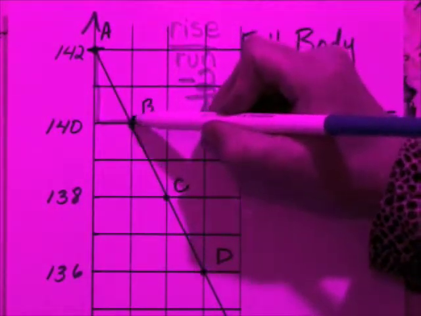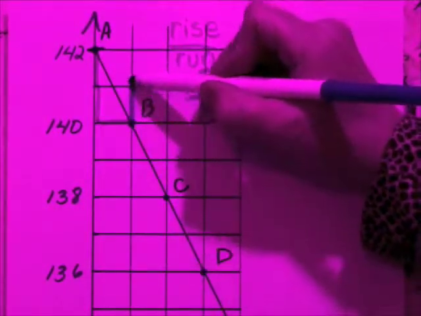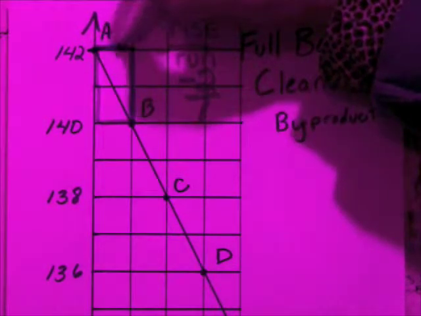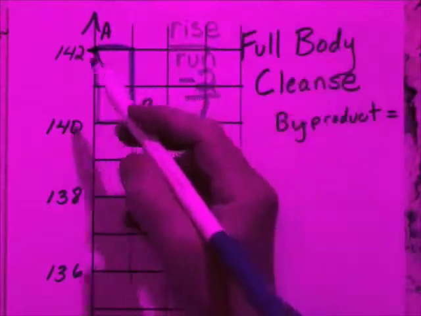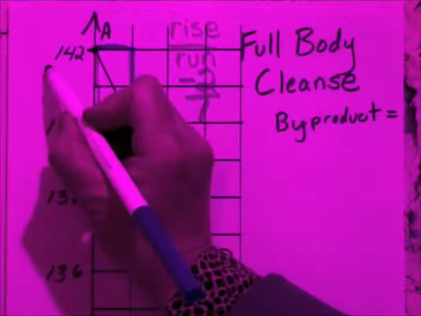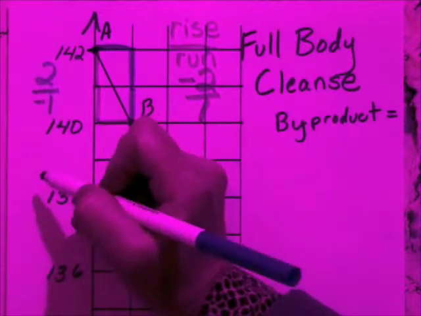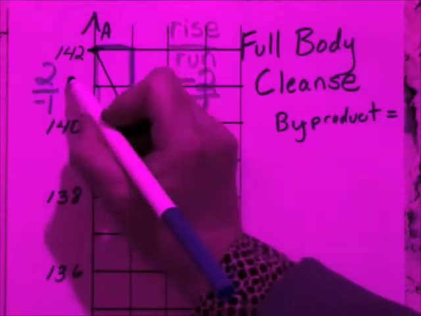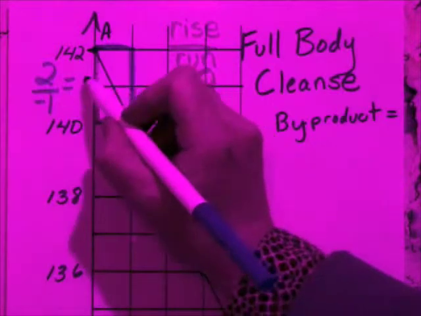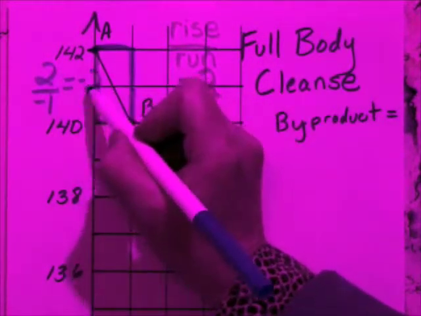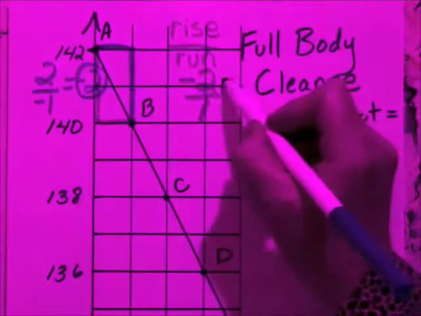That would look like this: we would be going up 2 and then over to the left in the negative direction 1. So in that case, we would get +2 over -1. And of course, that has the same reduced value that we had over here. Both of these reduce to a slope of -2.